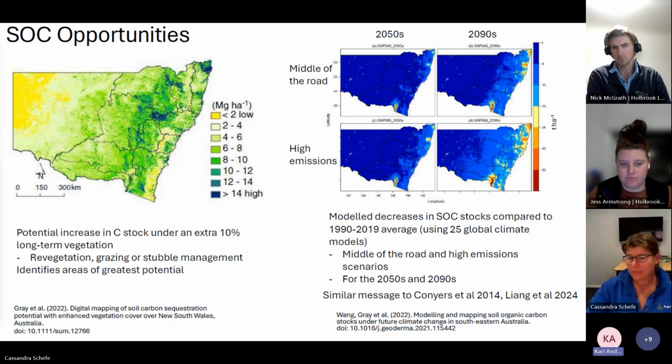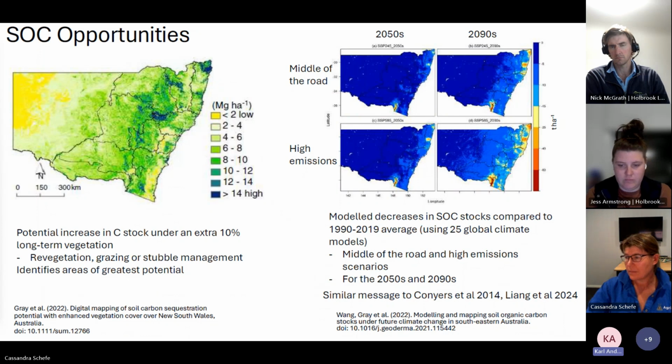So there are 4 maps there where we've got 2 scenarios, middle of the road or high emissions, so extra climate forcing into the 2050s or the 2090s. The legend on the right is a little bit small, but up the top is 0 and it's going down to 40 odd. And it's all negative.